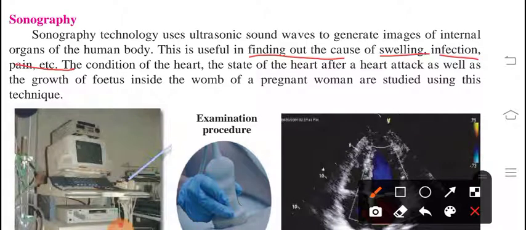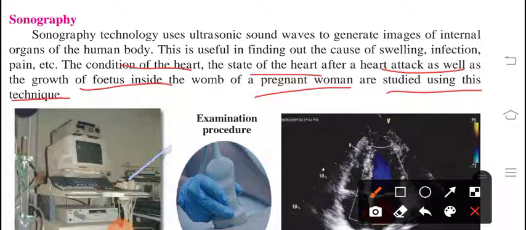They might have gone for the sonography test. The condition of the heart, the state of the heart after a heart attack, as well as the growth of the fetus inside the womb of a pregnant woman are studied using this technique.